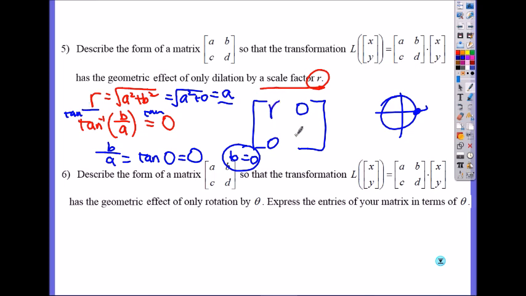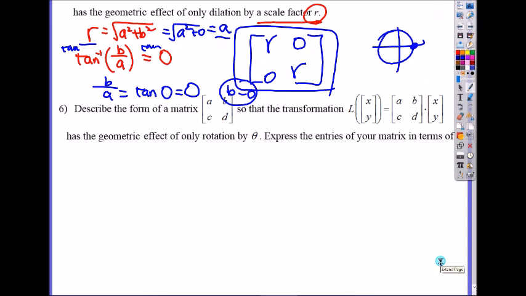So r and r. So if there's just a dilation by scale factor of r, this is how you'll write it. So let's say the unit square got dilated by 2, no rotations, then it will look like 2, 0, 0, 2. If it was a scale factor of 10, it will look like 10, 0, 0, 10. Okay, the 2 by 2 matrix that you're going to apply to make the transformation.